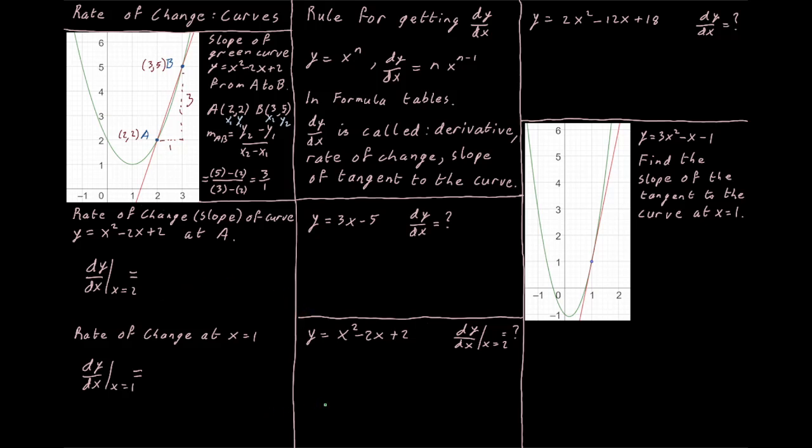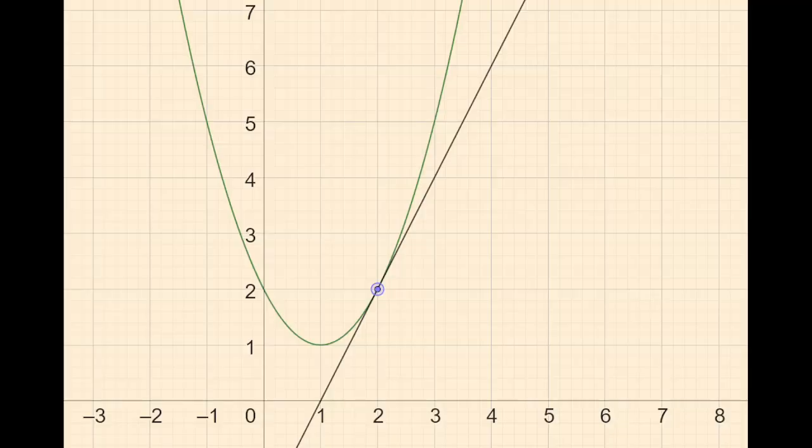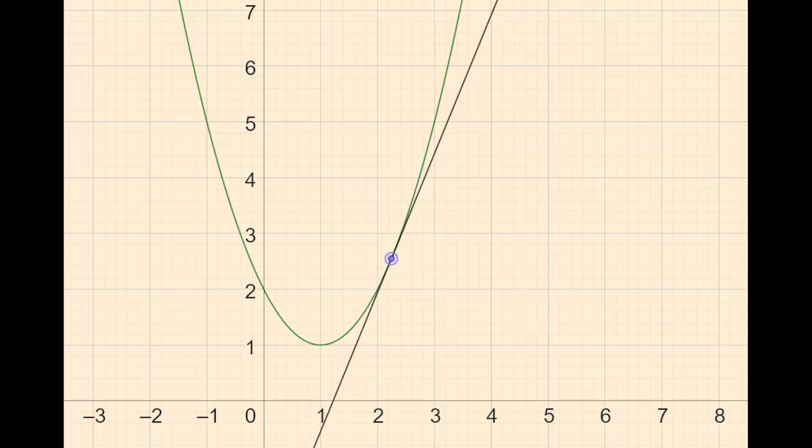So the screen is about to get a little bit brighter. So what we have here is a graph of the same function that we had before, same green curve, but now we have a tangent to that curve. So we need to know the slope at a singular point.